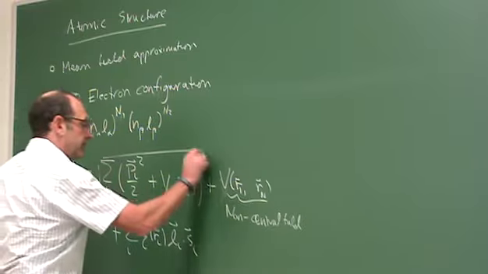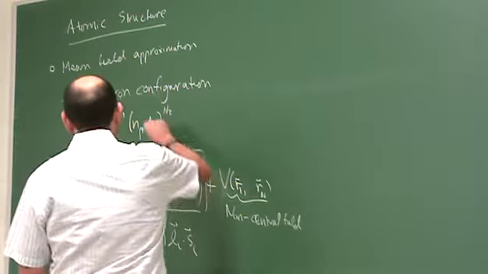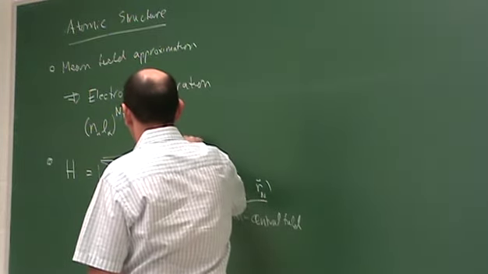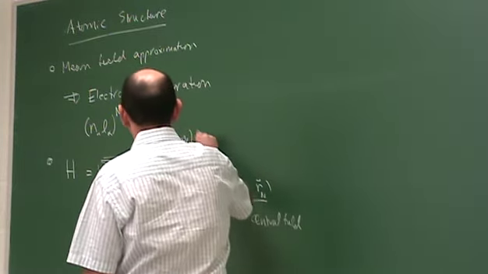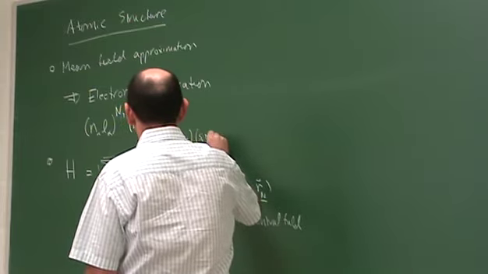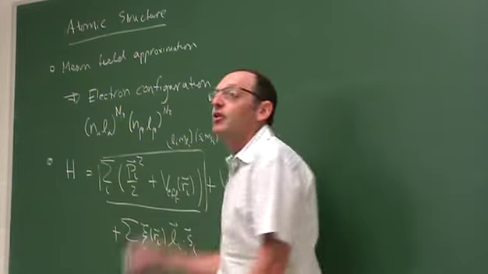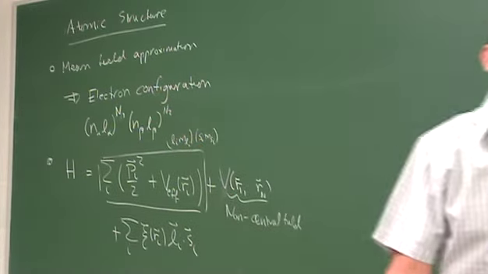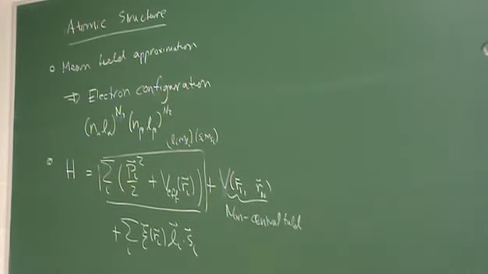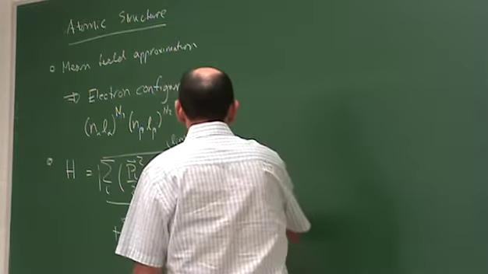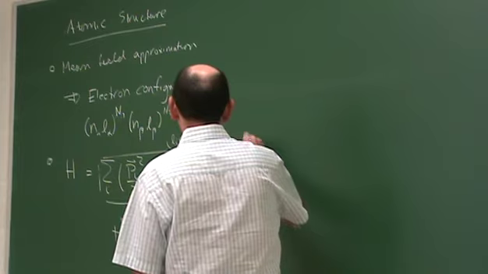In this, of course, our good quantum numbers were that the individual electrons each have good quantum numbers. It's kind of a separable approximation, right? This Hamiltonian commutes with the total angular momentum.